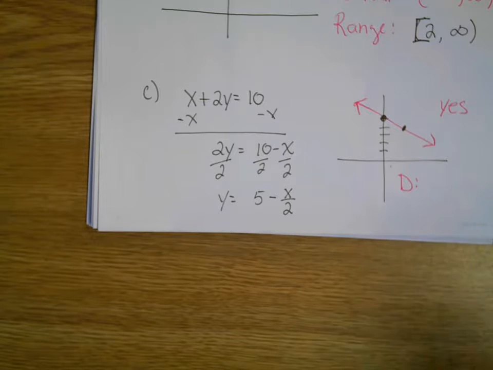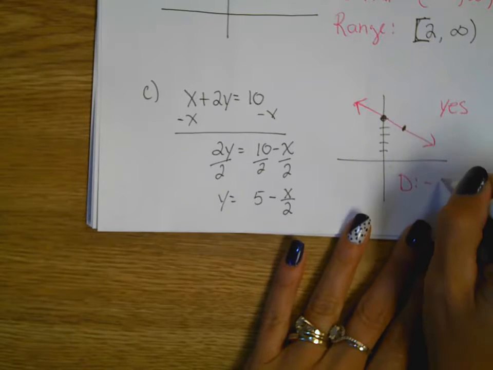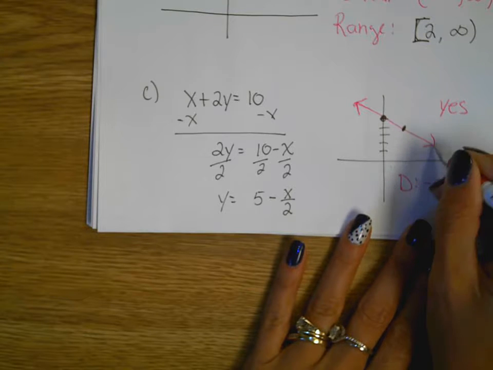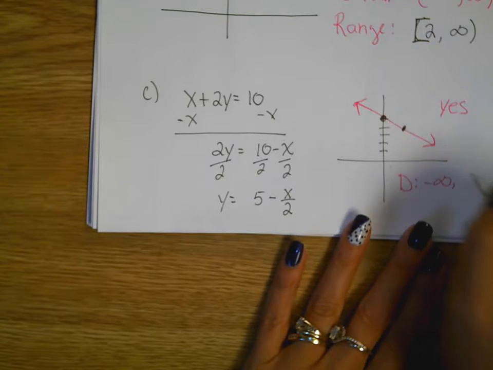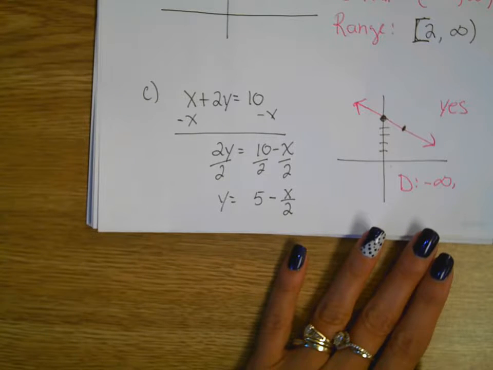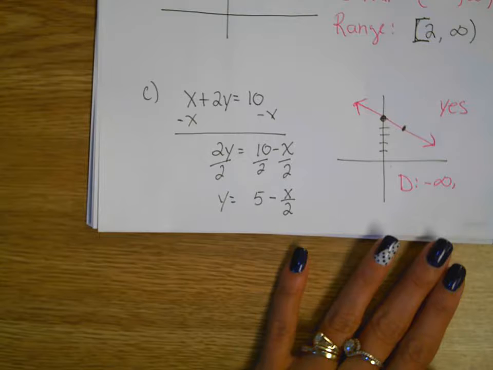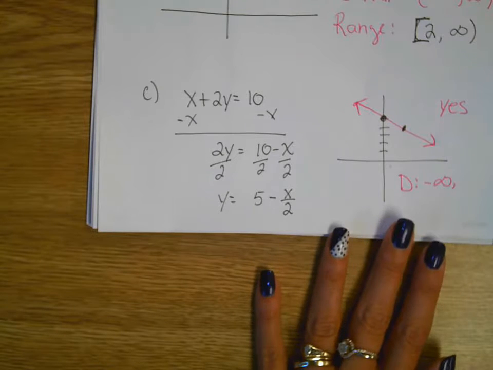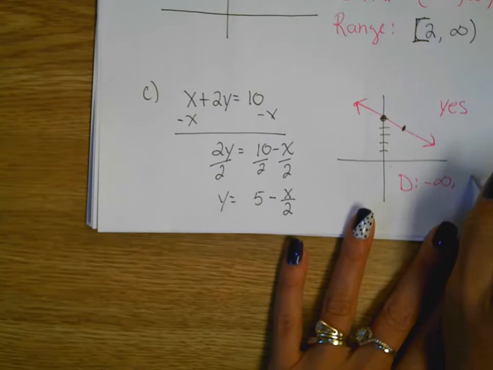How far left am I going to go? Even though I'm going to be way up in the air, how far left am I? Negative infinity. Now right. This is the arrow that's going to take me to the right, but it's also going to take me down. I don't care about the down, but how far to the right am I going to go? How far to the right am I going? Infinity.